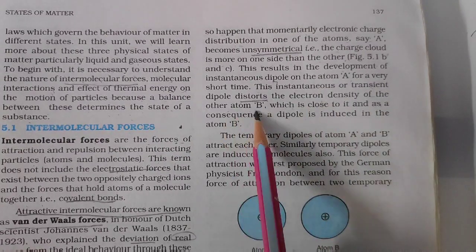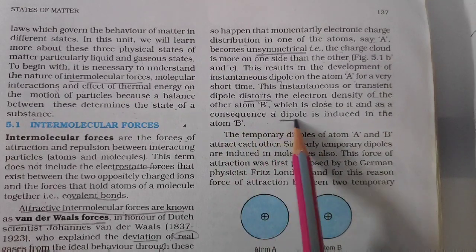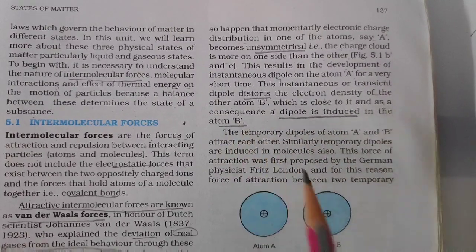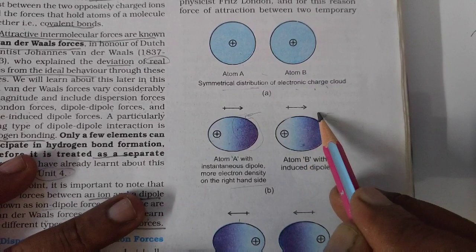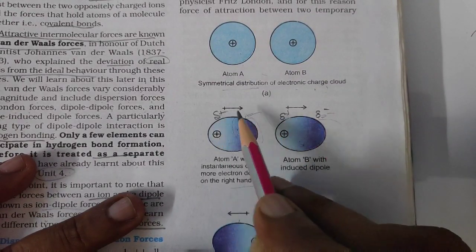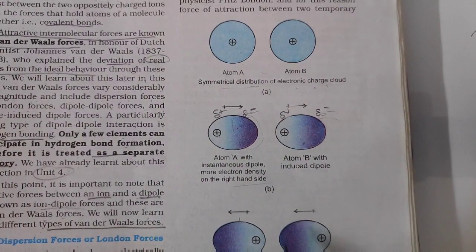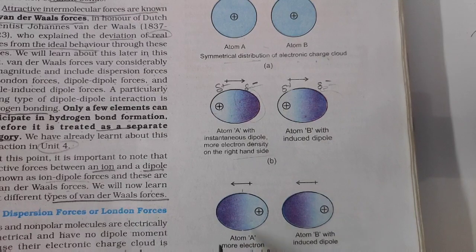The electron density of the other atom B is disturbed, and as a consequence a dipole is induced in atom B. Dipole means, you can see here, a charge delta minus, and here delta plus. Here also delta plus, and here delta minus. Understood? Now you can see this is dispersion of charge.